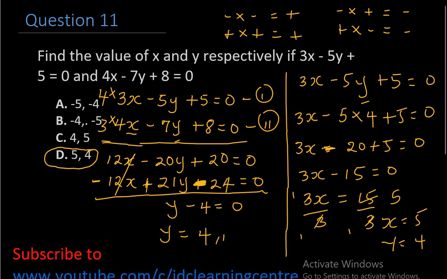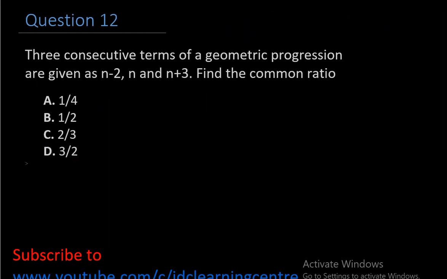Okay, question 12. 3 consecutive terms of a geometric progression are given as, look at the 3 terms, n minus 2, n, and n plus 3. Find the common ratio. How do you get the common ratio?